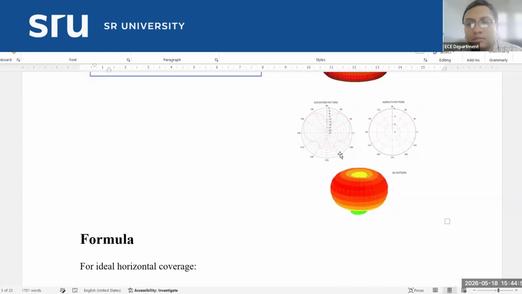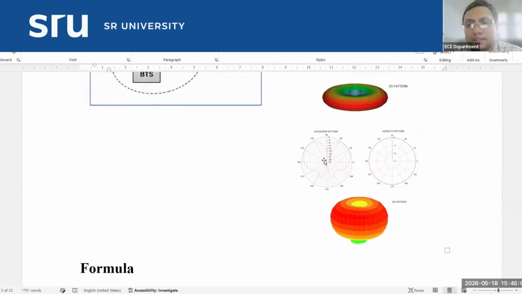In this case, it also has a horizontal coverage, but the main energy is not necessarily going perfectly horizontal. The main coverage is slightly downward.